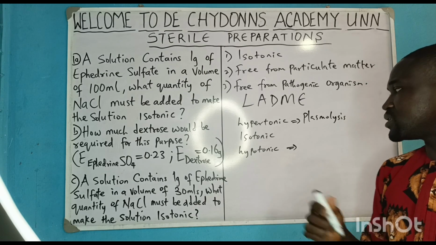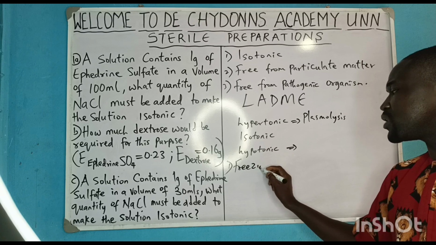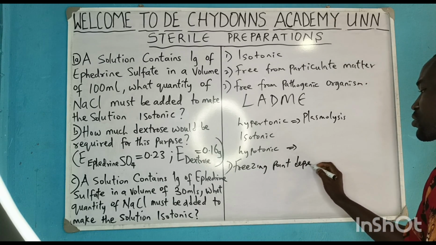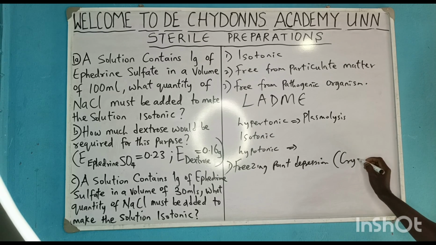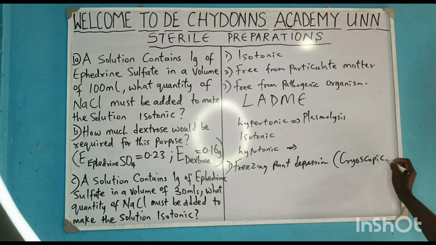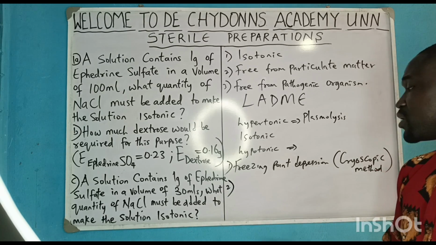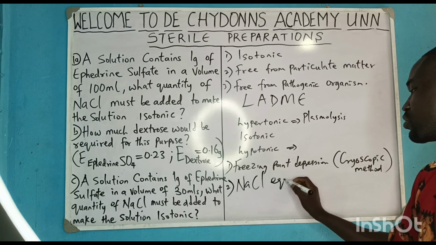isotonic. Yes. Number one is what we call the freezing point depression method, which we call the cryoscopic method. Then the next method is what we call the sodium chloride equivalent method.